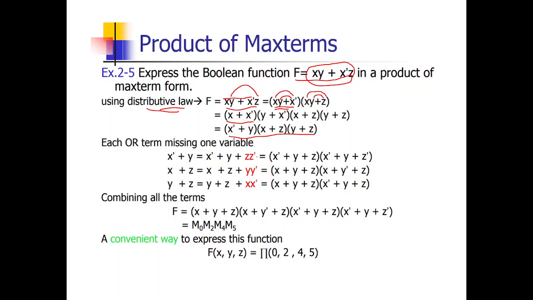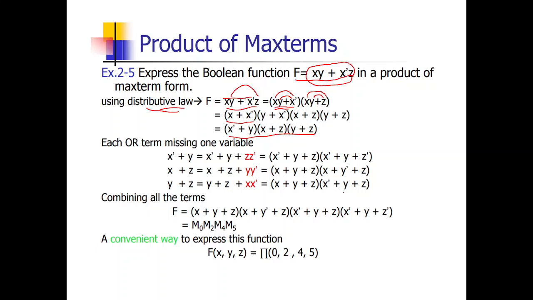By applying the distributive law, for converting the sum of product to product of sum we are using the distributive law. And also while including the missing variables and term that is ORed here, for expanding this also we are using the distributive law.